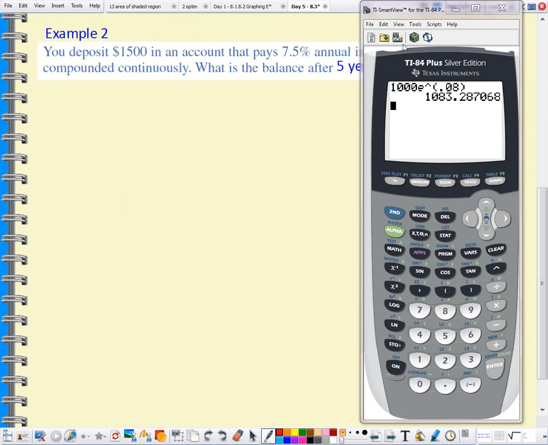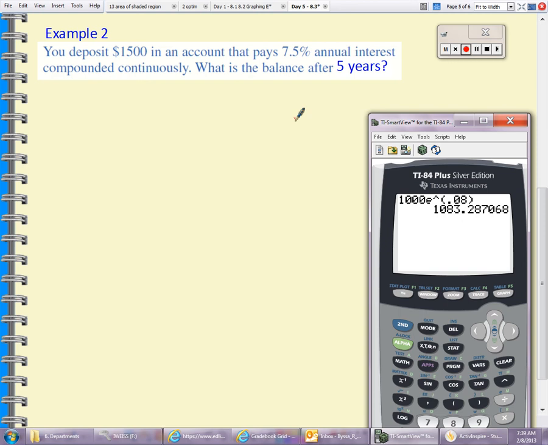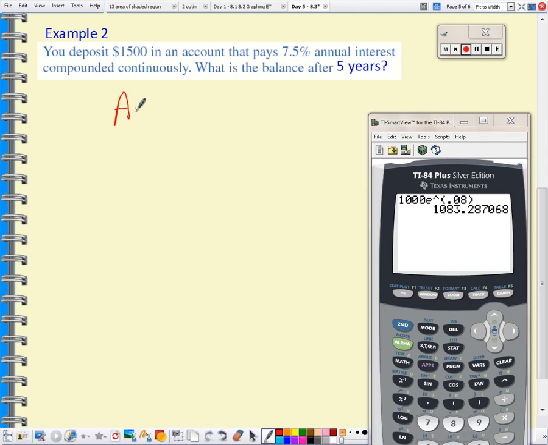Okay, we're going to try another one, number 2. You deposit $1,500 in an account that pays 7.5% annual interest, compounding continuously. What's the balance after 5 years? So again, we're going to use our continuous interest formula. Principal, rate, time.